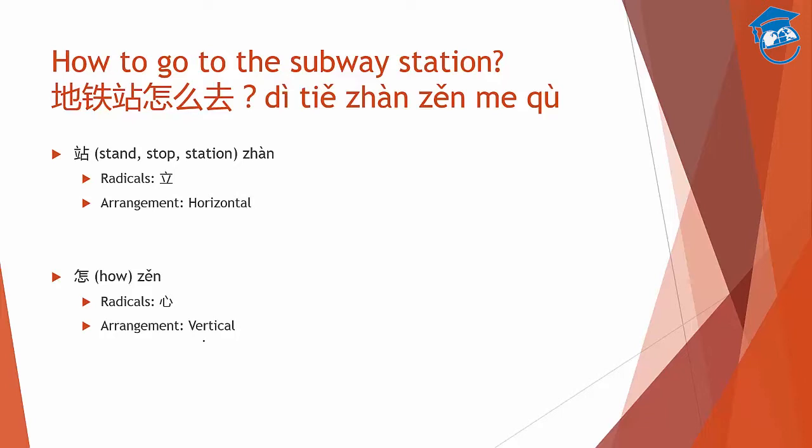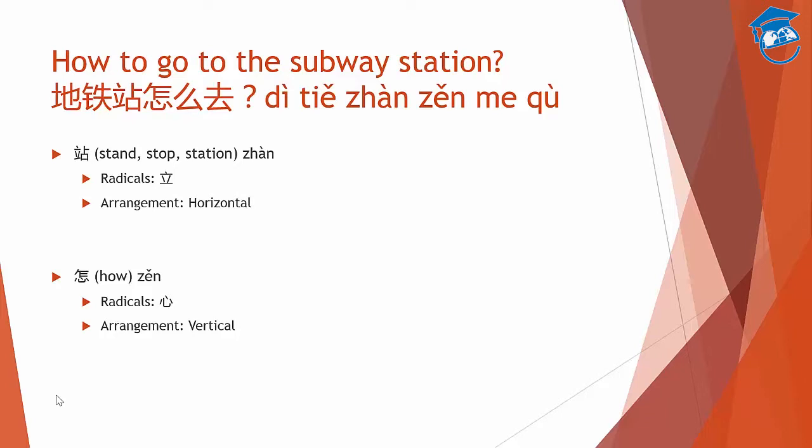So this is how to write 怎. 1、2、3、4、5、6、7、8、9. 9 strokes for 怎. So 怎么, the word 么, you have previously learned it as 什么. So it is the same word that you're using here.